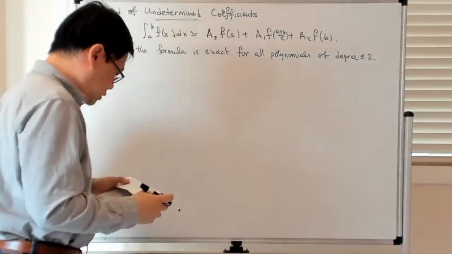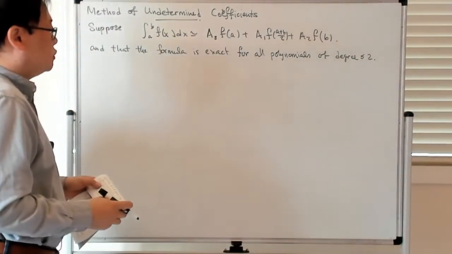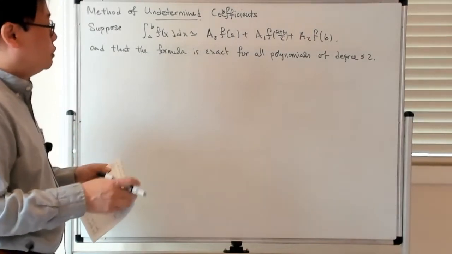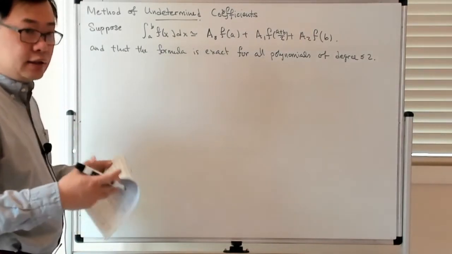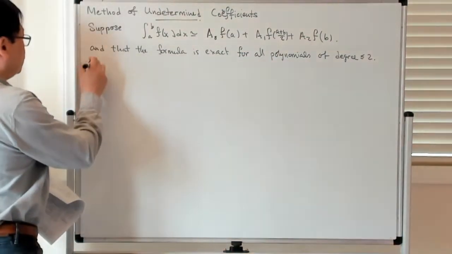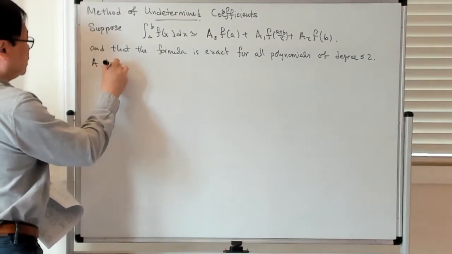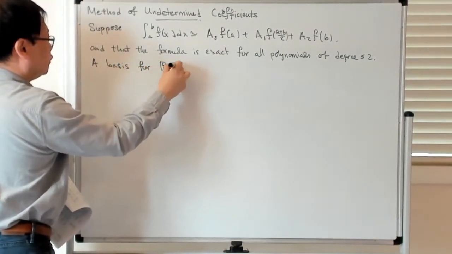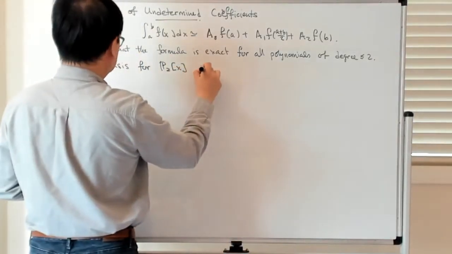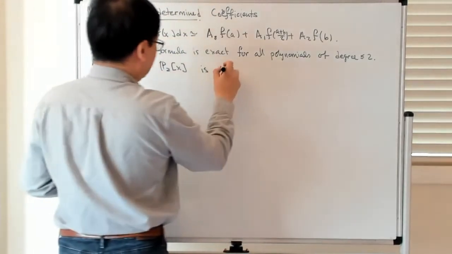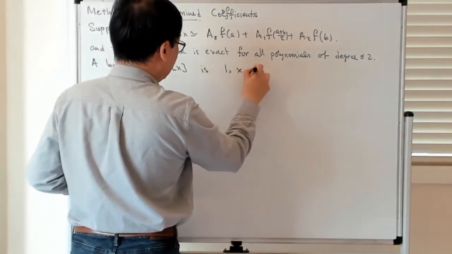All right, so the first thing to realize, of course, is that if your polynomials are up to degree 2, there is a basis for that function space. So a basis for P2 of x is 1, x, and x squared.